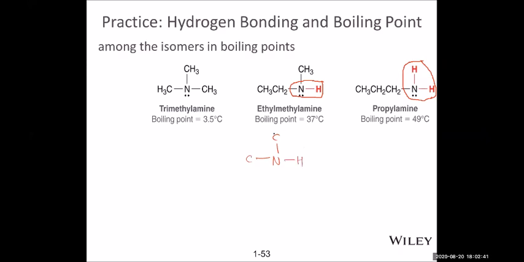So when you have 2 of such molecules and they form a hydrogen bond, here's one location of hydrogen bonding. And this hydrogen can also form hydrogen bonding with the lone pair of the other nitrogen.